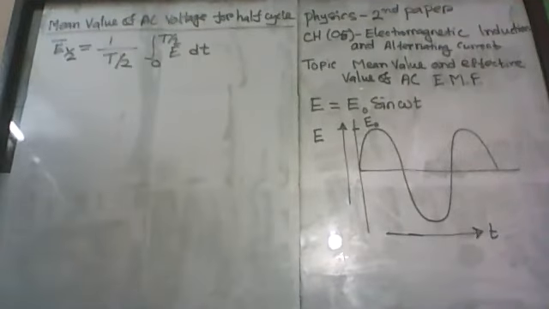This function will give you the mean value or average value of AC electromotive force for half cycle.